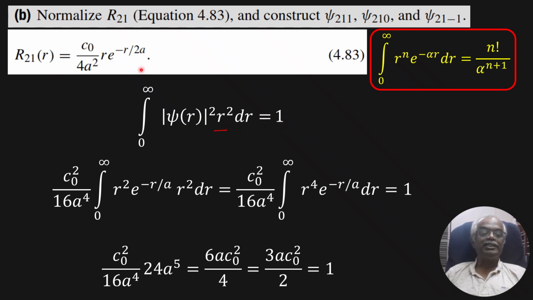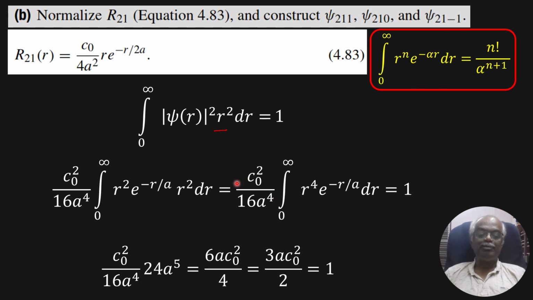Taking the square of the radial part, we get c naught squared over 16a power 4, integral 0 to infinity, r squared e power minus r over a, because the 2 will go away when taking the square of the exponential term, and the other r squared is already here. So naturally this will become r power 4 inside the integral.